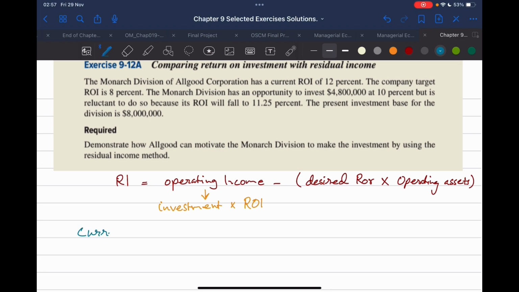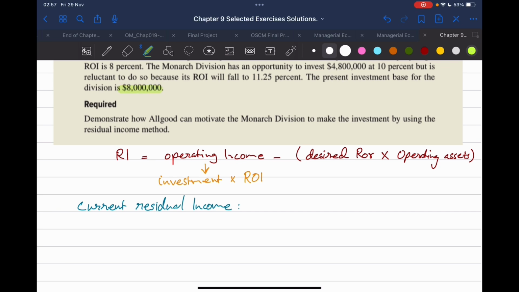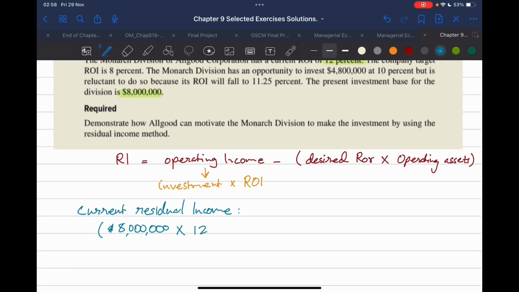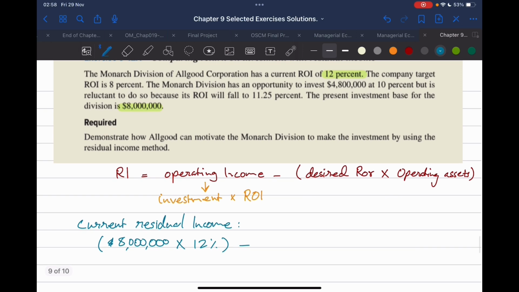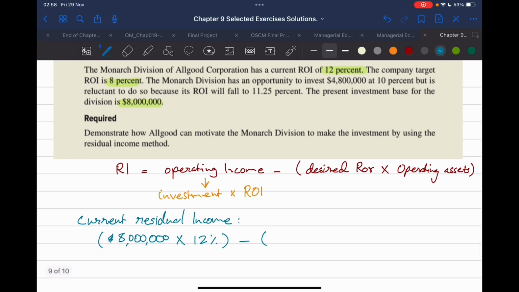The current residual income is going to be the investment, which is $8 million, multiplied by the return on investment of that division, which is 12%, minus the required return by the company, which is 8% right here, multiplied by the investment again.